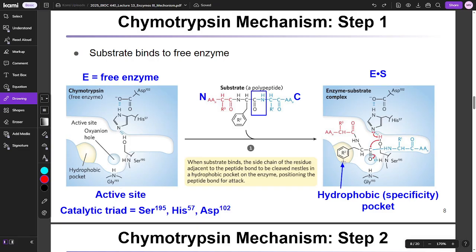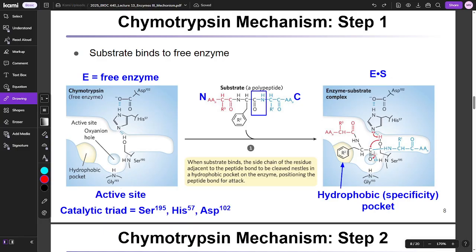So the hydrophobic pocket binds this phenylalanine, right? It's large enough, and the residues around here are very specific for these aromatic rings, right? And what happens is, once we have bound the substrate in here, this histidine is now basic enough that it removes the H from this serine, and this serine now attacks this carbonyl and makes this oxyanion, right?